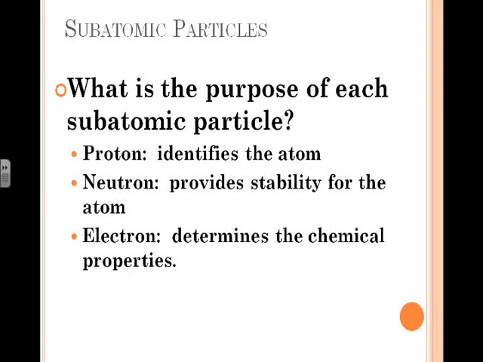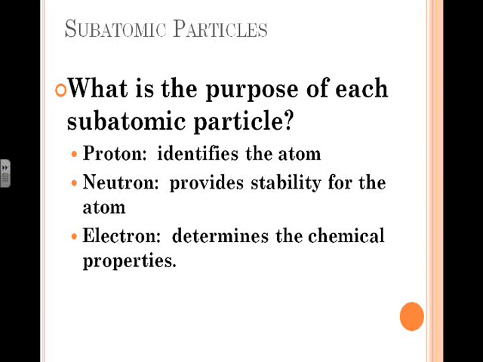Electrons determine the chemical properties of an atom. So how many electrons you have determines what type of properties you have. And chemical properties, remember, are kind of like characteristics. If we were talking about me, I could say I have light skin, I have light hair, I have blue eyes, I have 2 arms, I have 2 legs.